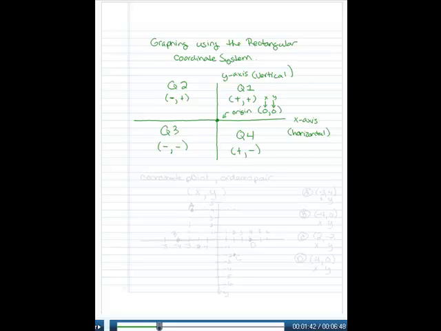So every coordinate point, or you may hear it be called an ordered pair, every ordered pair or coordinate point has 2 numbers. The first number is in reference to your x-axis and the second number is in reference to your y. So let's try to practice plotting points.